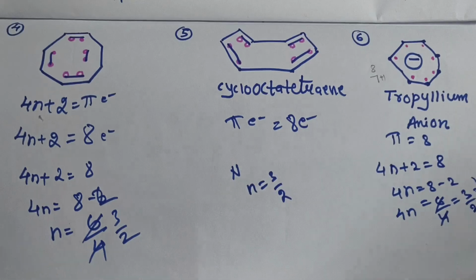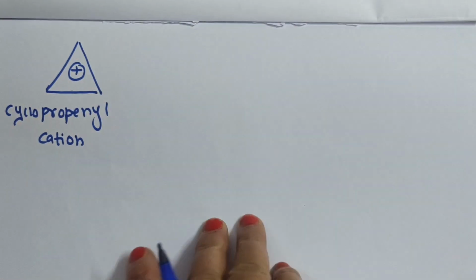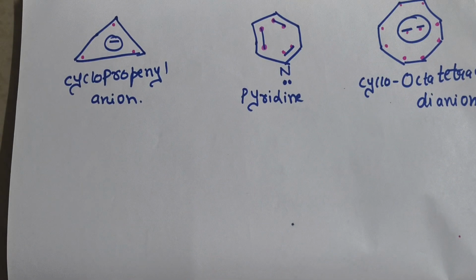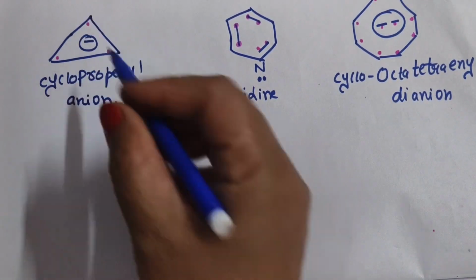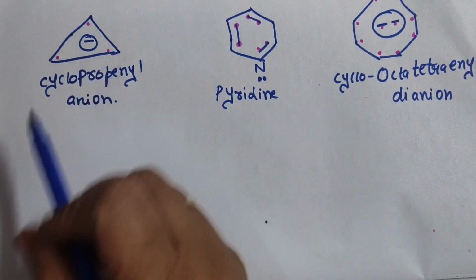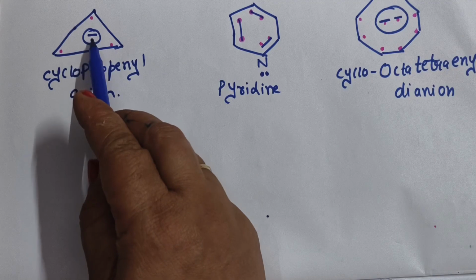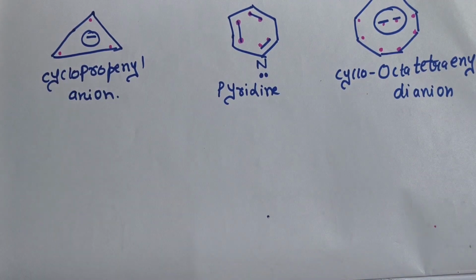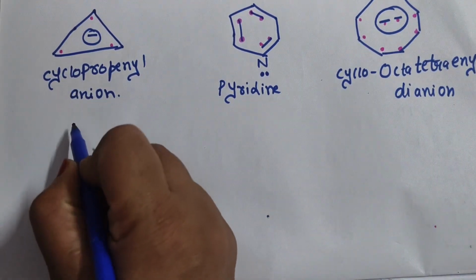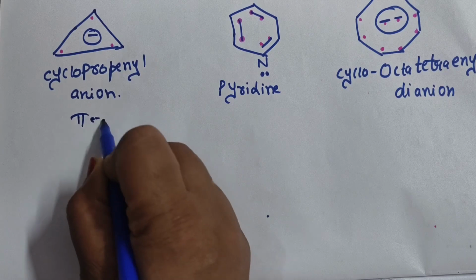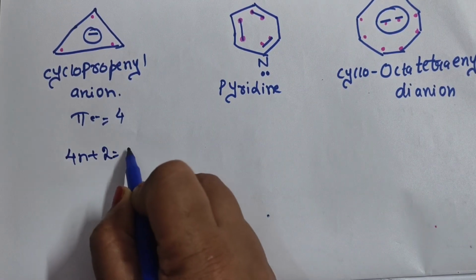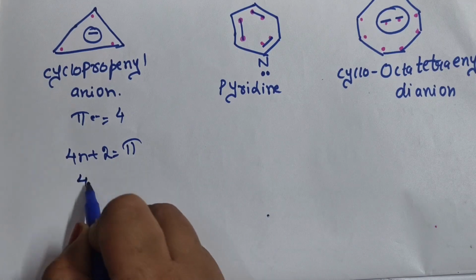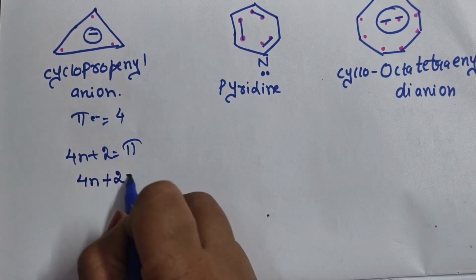Now let us see another example, the cyclopropyl anion. So you can see here a 3 carbon compound, but here 1 minus charge is there. So when 1 minus charge is there, definitely 1 electron has been taken. So the total number of pi electrons in this species is 4. So we will write 4n + 2 is equal to pi electrons, so 4n + 2 is equal to 4.